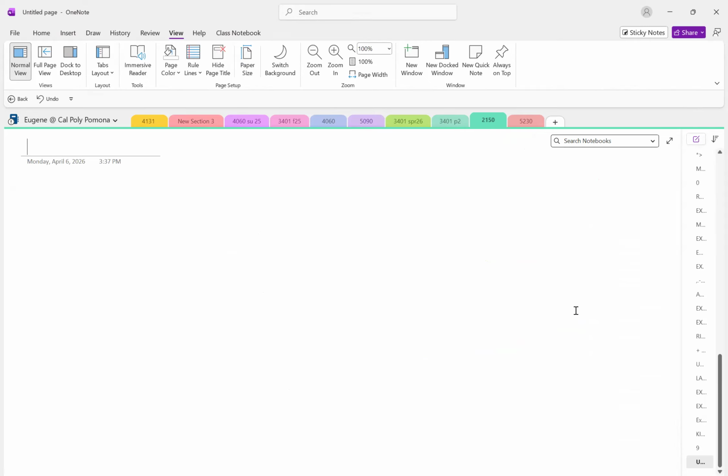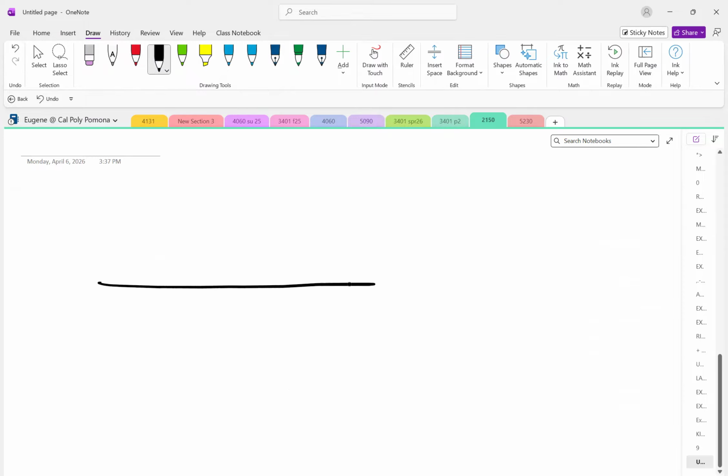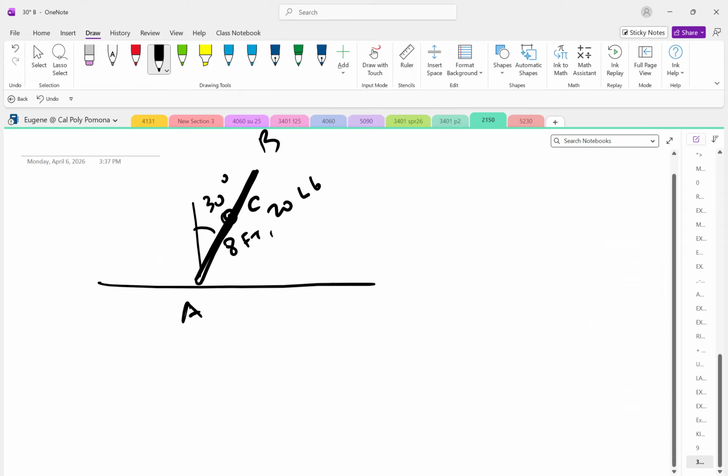Let's do one more problem. We'll start it. An 8-foot bar, 20 pounds, is released from rest in the position shown.